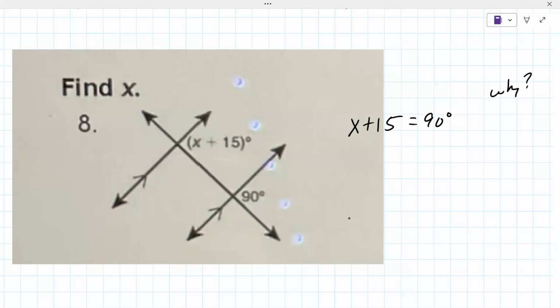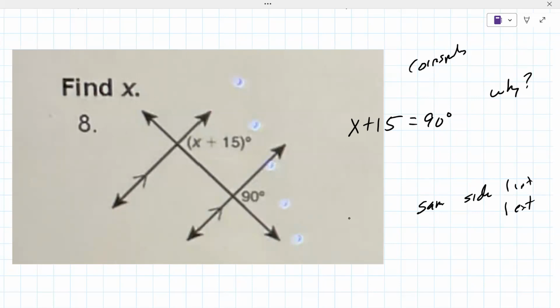They are on the same side. Okay, so they're same side, but one is in the interior and one is in the exterior. What is that called? Corresponding. Yes.